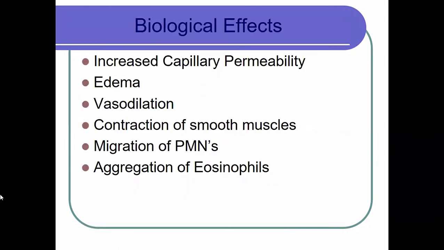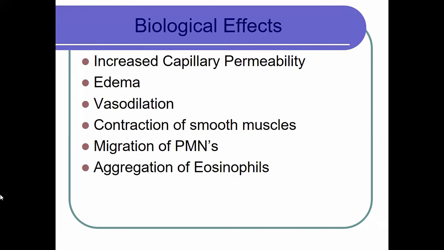So, what are the biological effects of the vasoactive amines released by the mast cells? There is increased capillary permeability. That is what happens when you have an allergic reaction. Because of the increased capillary permeability, there is now leakage of fluid causing edema. The face becomes swollen.